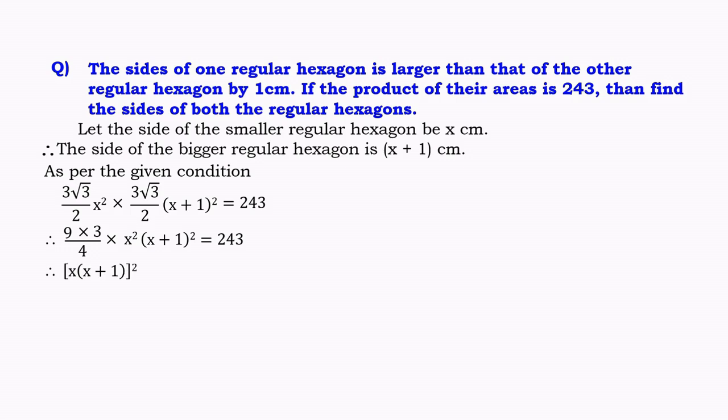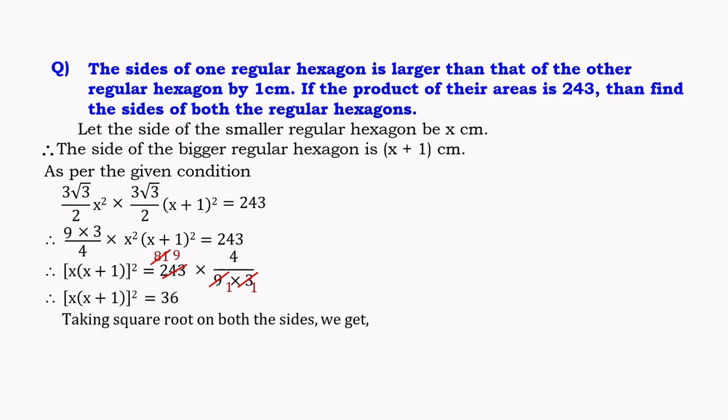That is 27 by 4 multiplied by x squared multiplied by the square of x plus 1 equals 243. Multiplying both sides by 4 and dividing by 27, we get the square of x multiplied by x plus 1 equals 36. This can be written as the square of the quantity x multiplied by x plus 1 equals 36.